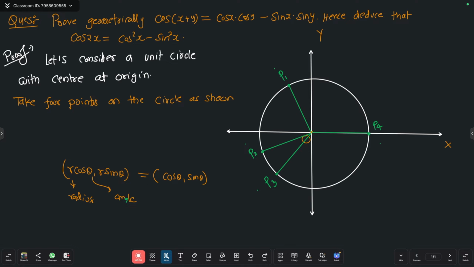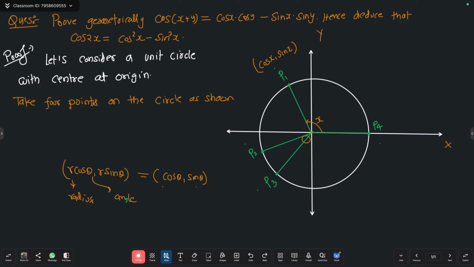Suppose this line OP1 makes angle x with the positive x-axis. Then what is the coordinate of P1? P1 coordinate will be cos x comma sin x. I told you, always the coordinate on the circle is cos theta comma sin theta, where theta is the angle of OP1 with the x-axis.